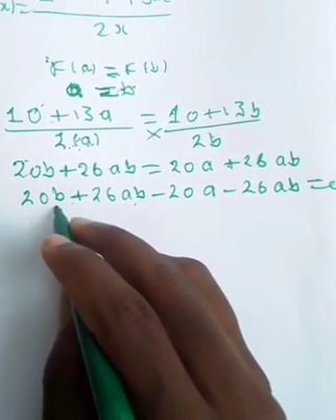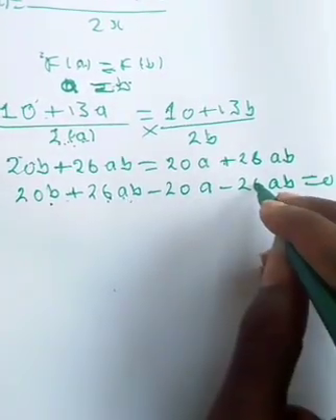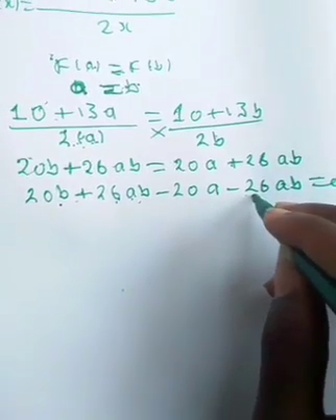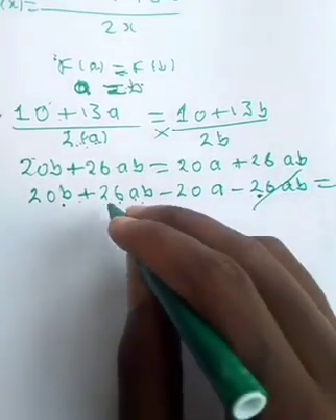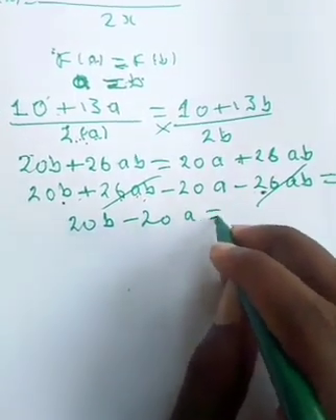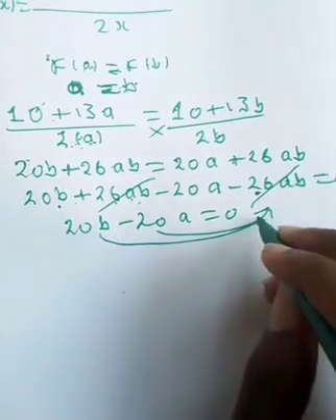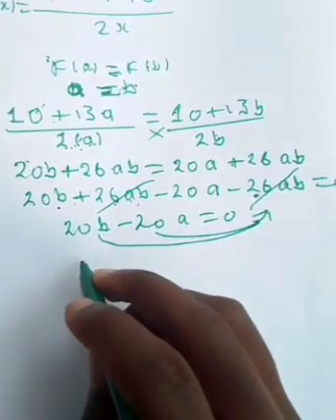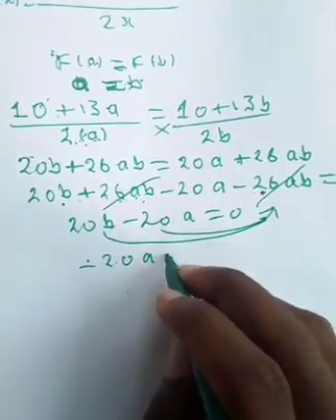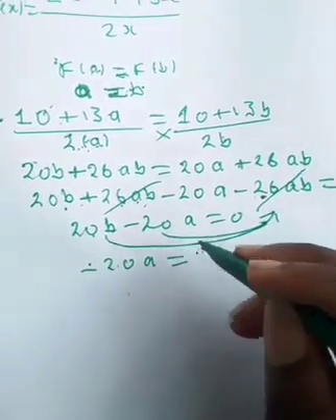So if you see 26ab and 26ab, they are like terms, and they have different signs. So we can simply cancel these and remain with 20b minus 20a. So I'll take the 20b to the other side. Here I'll remain with negative 20a is equal to 20b.